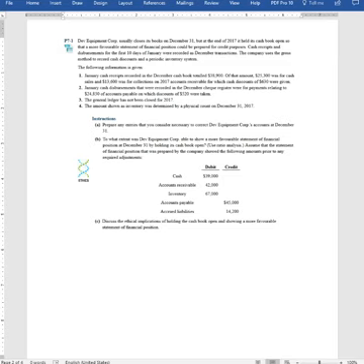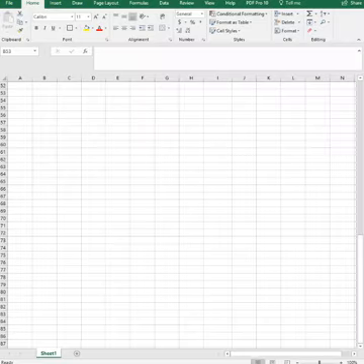And then C, discuss the ethical implications of holding the cash book open to show a more favorable statement of financial position. Obviously, if you're not telling the truth to your financial statement users, it can have ethical implications. So let's begin. We have problem 7-1.